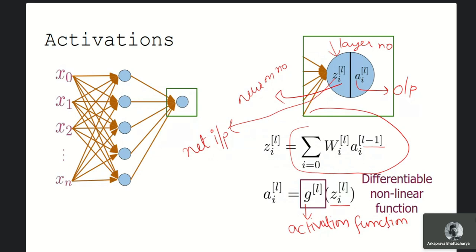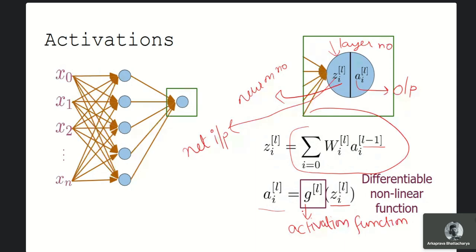This G can be any mathematical function, but two desirable properties are, first, it should be differentiable. Why should it be differentiable? Because we are going to calculate gradients of these output values. Second, it should be non-linear and continuous. If it is not non-linear, we will not be able to model complex non-linear input values.